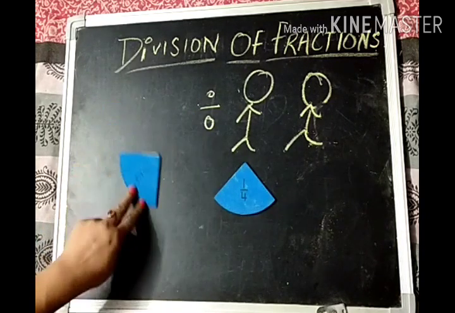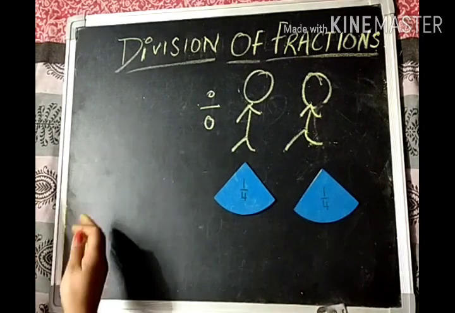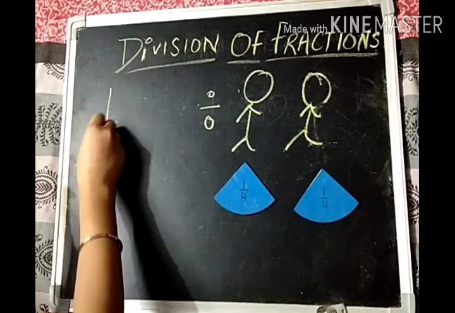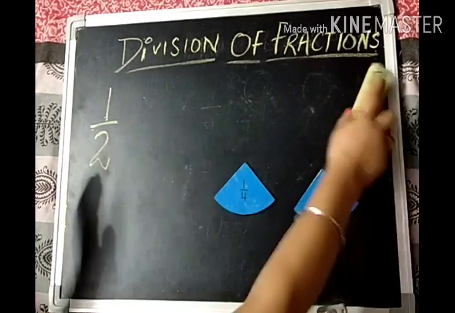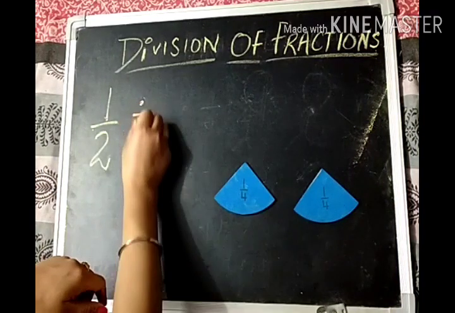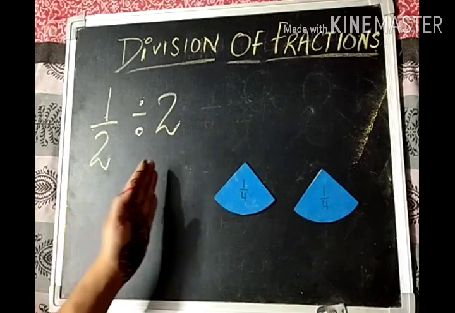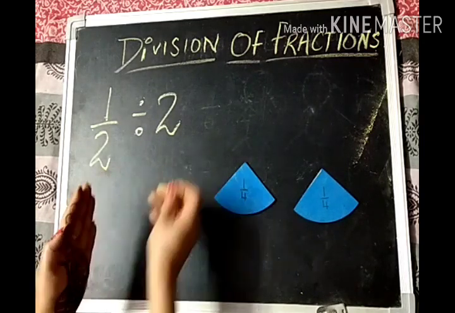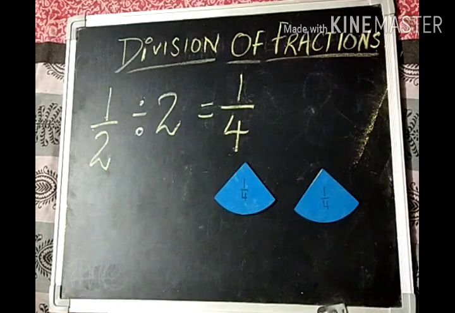Each will get 1/4 and 1/4. So what were we doing? We were dividing half into 2 people. Each will get 1/4 piece size.